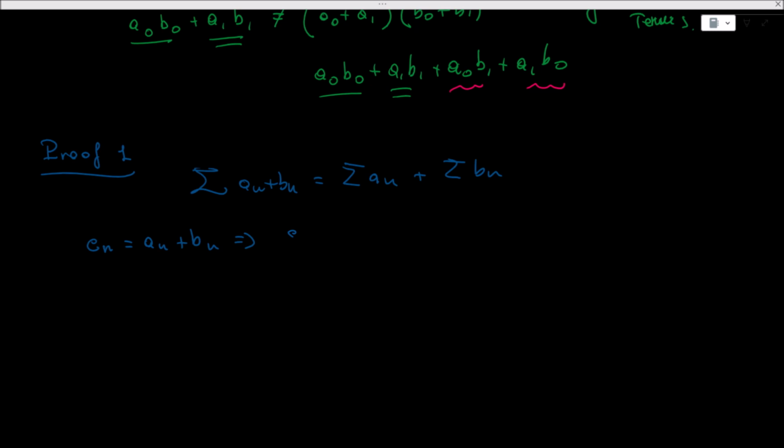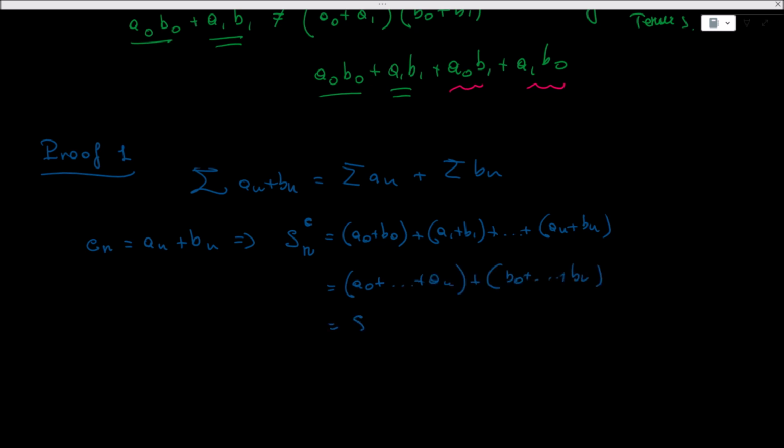What is the partial sum up to n of this sequence c? Well, this is a0 plus b0 plus a1 plus b1 plus dot dot dot up to an plus bn. But by the associative property, we can write this as a0 plus ... plus an plus b0 plus ... plus bn, and this is SnA plus SnB.